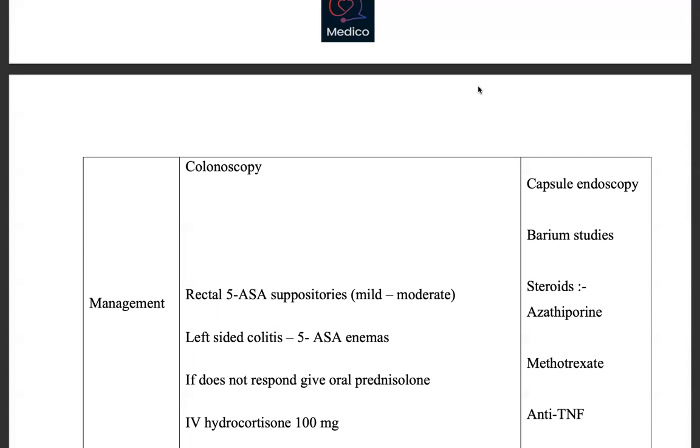It can further worsen this condition. So a patient with mild symptoms will only require symptomatic management.